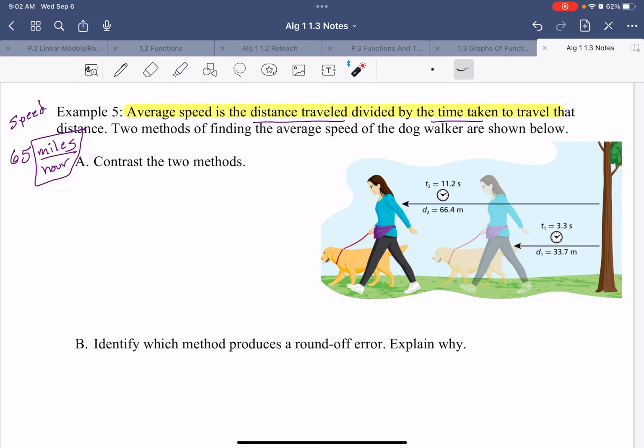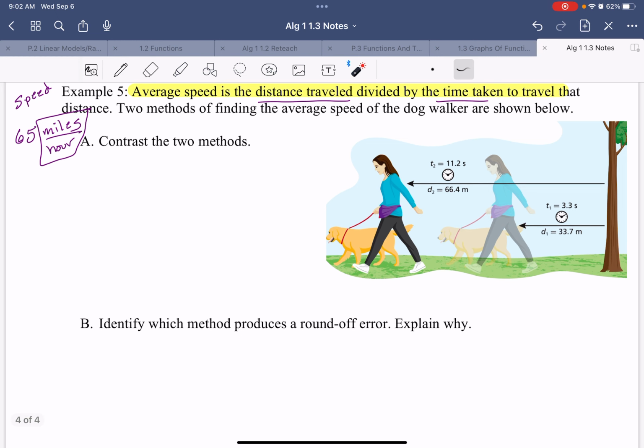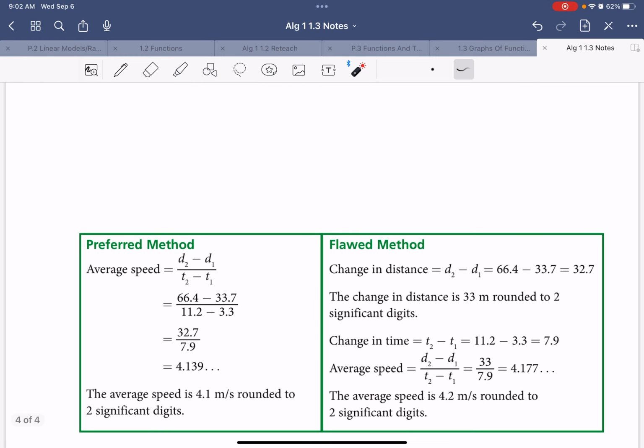So down here is a green box that shows 2 different ways of doing it. One is average speed. For distance, we took her change in distance. So they took the 66.4 minus the 33.7 to figure out how far she went from here to here. That's this first bit. And then how long did it take her, the change in time?